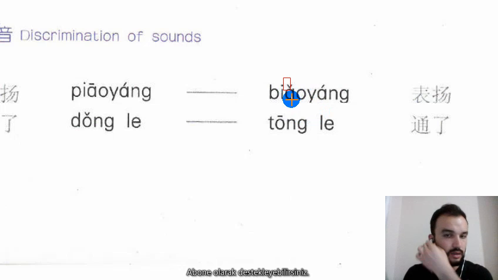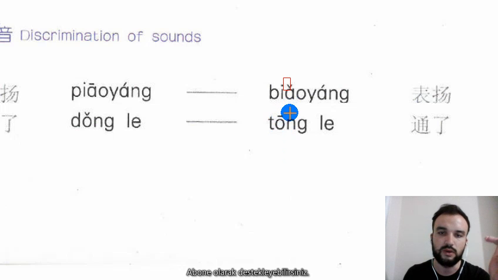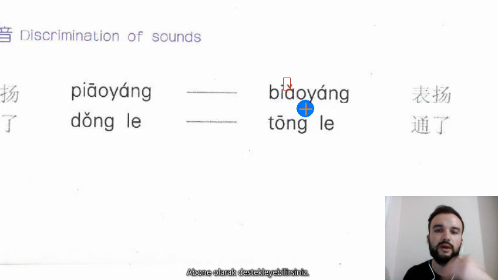If you make the full third tone here, it would be 表, 表. You observe the sound rising in volume later. But when we make half third tone, just observe and say 扬,表扬,表扬, like this.